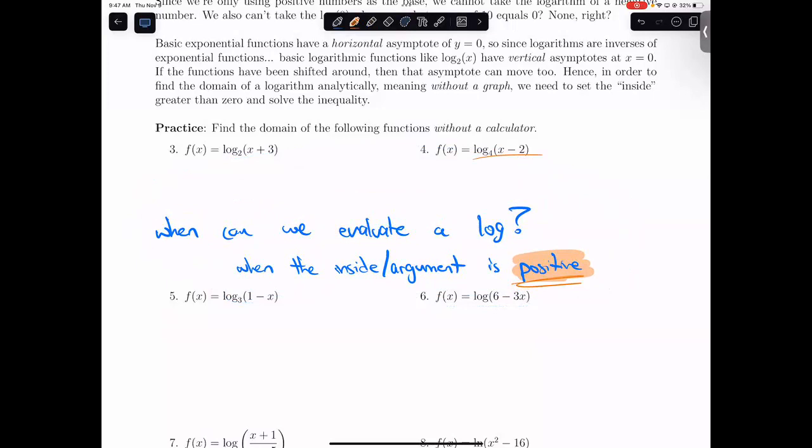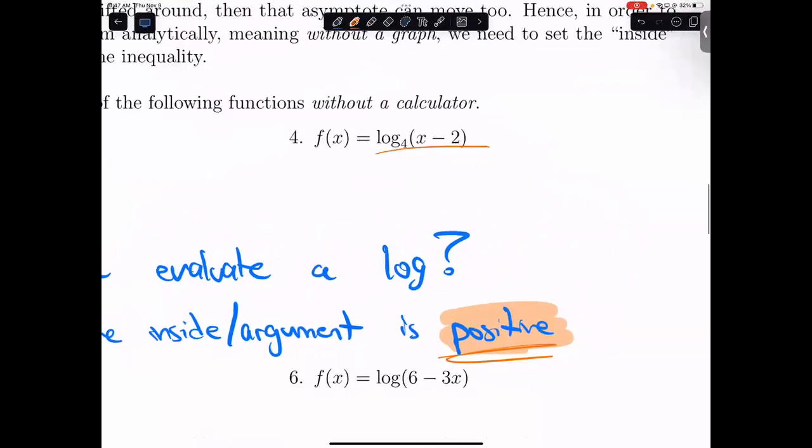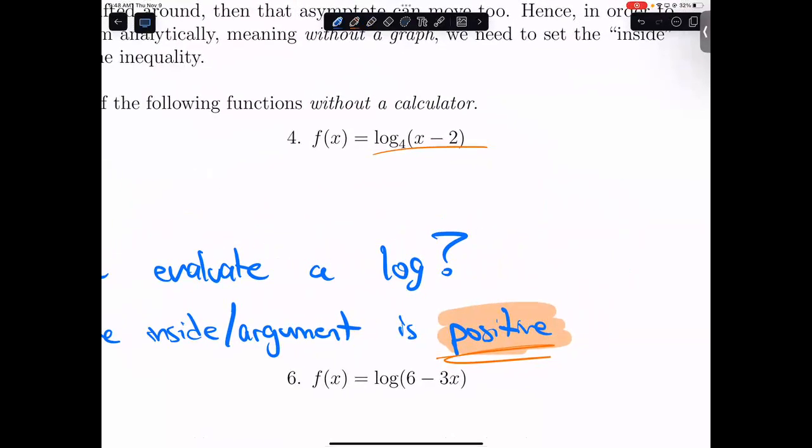It's x minus 2 on the inside, so I could just do that as a shift, right? X minus 2 moves everything to the right, so it shifts to the right 2, and the domain would be 2 to infinity then.